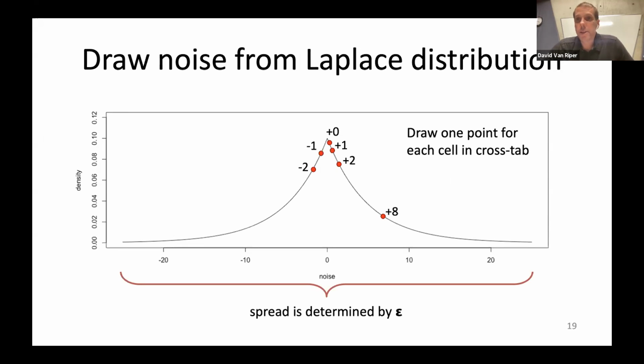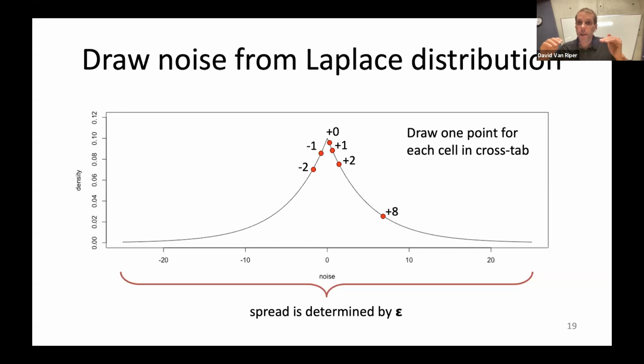In this example, in the traditional differential privacy world, they use a Laplace distribution, and the magnitude of the noise that can be injected is determined by this parameter called epsilon, which I'll mention later. And epsilon has an inverse relationship with the noise.